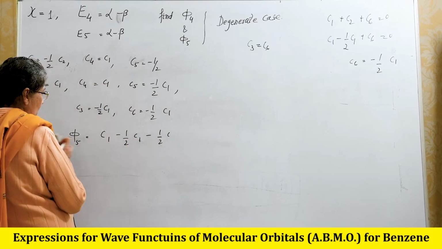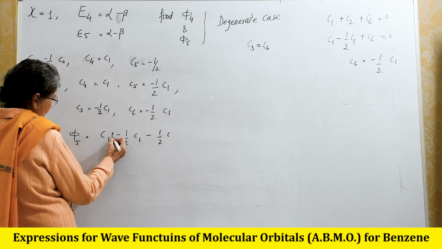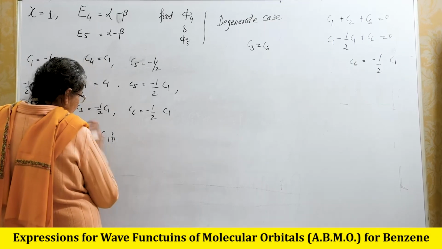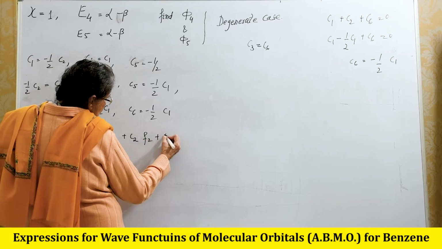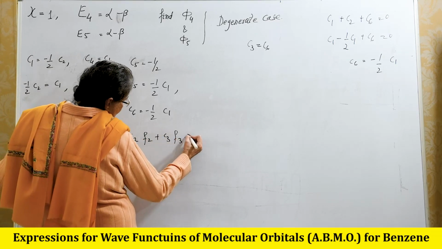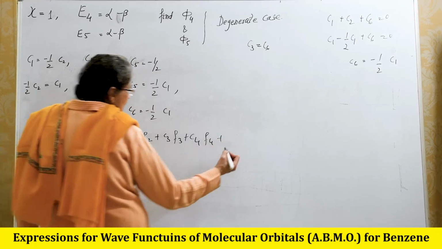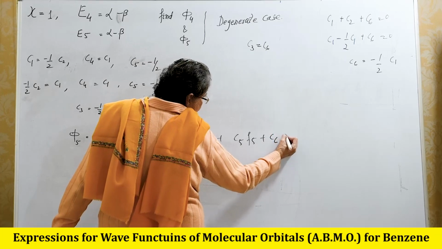First I write down that phi 5 is equal to C1 F1 plus C2 F2 plus C3 F3 plus C4 F4 plus C5 F5 plus C6 F6.